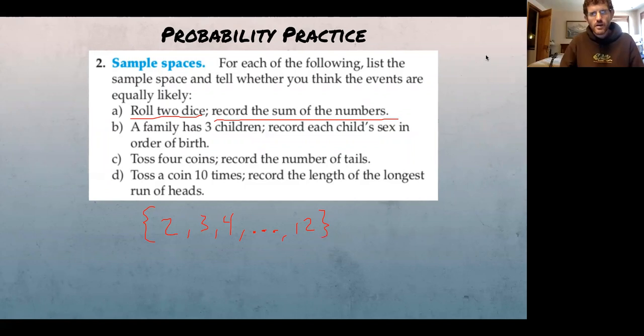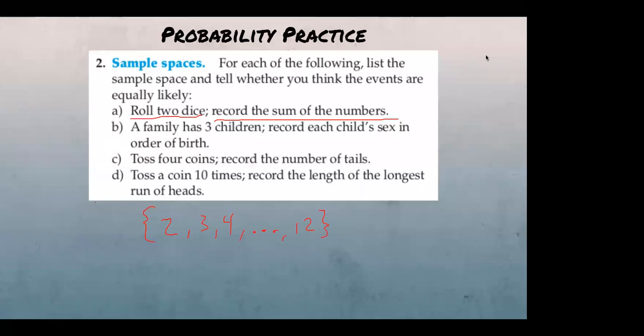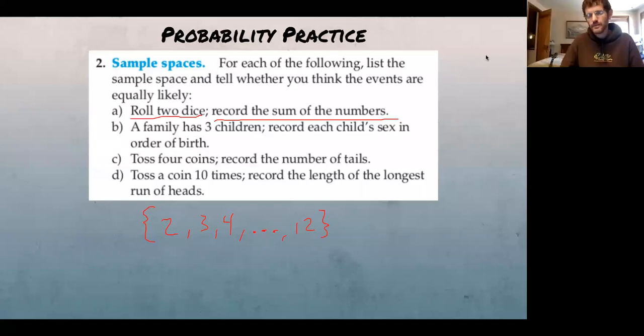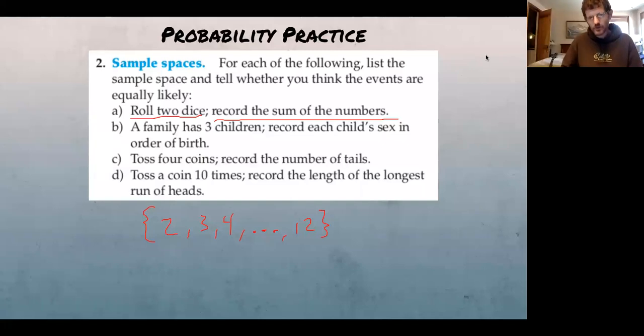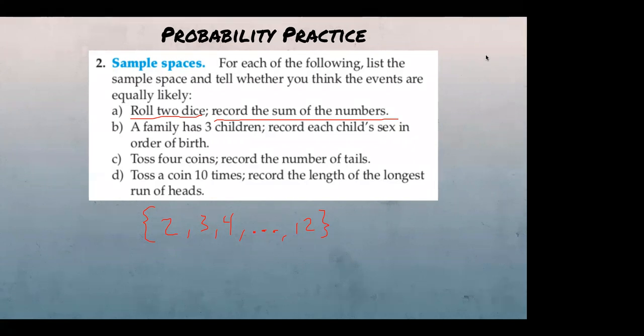And the second part is, are all of these events equally likely? If you watch the videos like you're supposed to, you'll already know the answer right off. Are these equally likely to happen? No. Okay, what's the most likely outcome? Rolling a 7. And does anyone remember the odds of rolling a 7 when you roll 2 dice? Is it like 9/36?